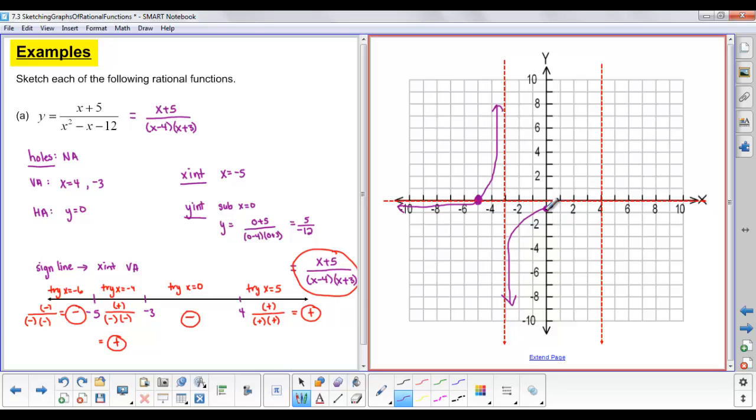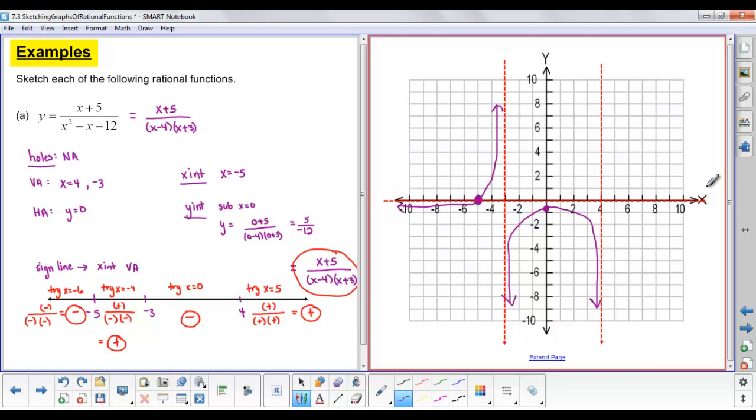And same as I go from this point to the other vertical asymptote. Always approaching the asymptotes.